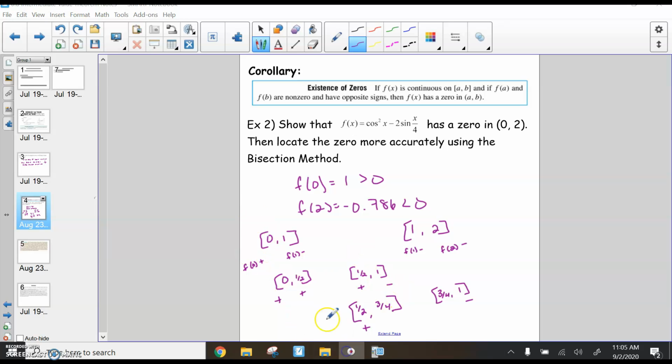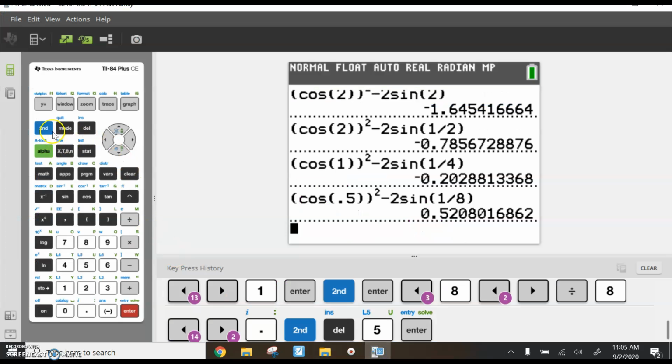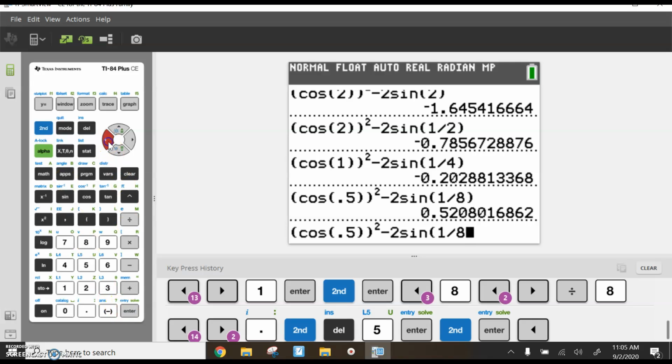Okay, so go back to my calculator, entry, plugging in 3/4, which would give us 3/16.